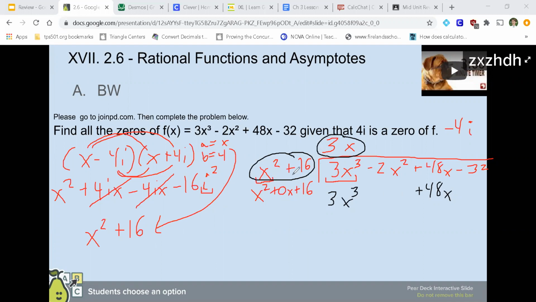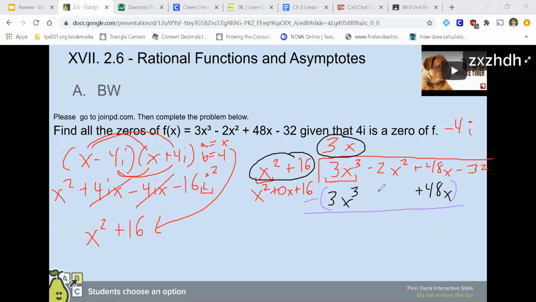All right. When I multiply it like that, does everyone see why I would write the 48x over here and not under here, right? Because of like terms. If you thought I have a 0x in the middle of this, I would get 0x squared here then. But again, we don't really need to write that, right? It's 0. If it helps you to write the 0, write the 0. All right, if I subtract these then. 3x cubed minus 3x cubed is 0.